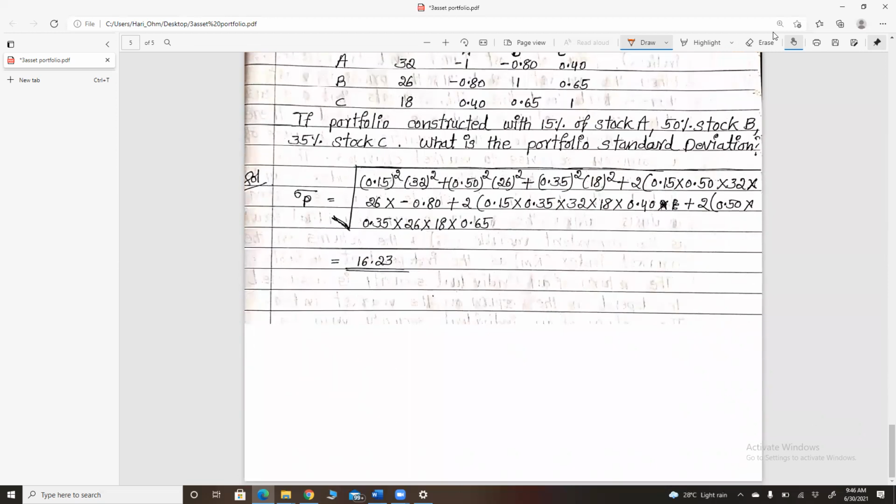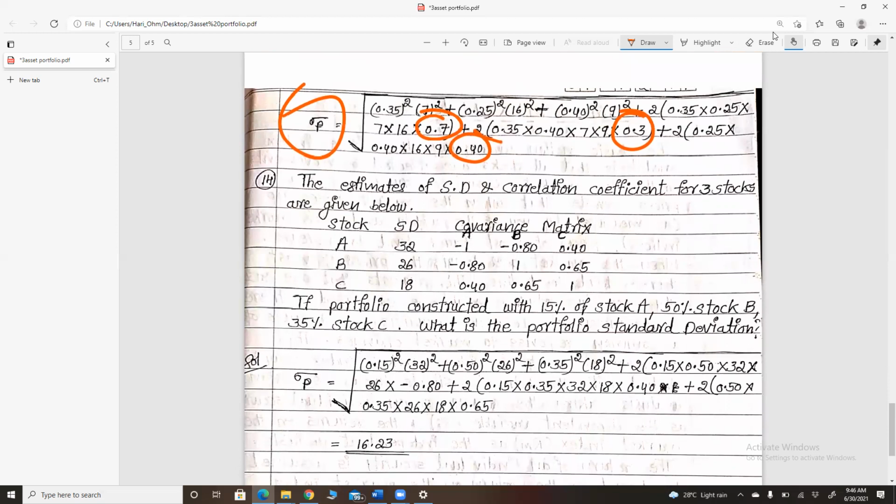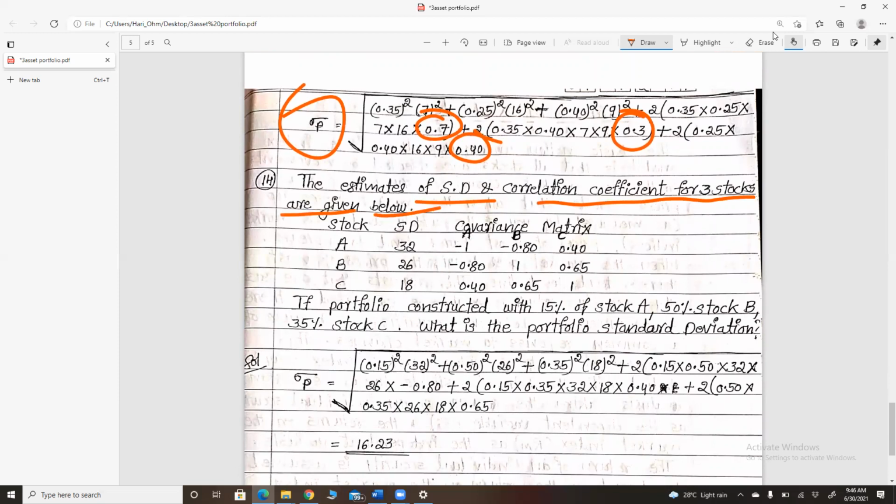Okay, next problem, that is the last problem in the three asset portfolio method. See here, the estimates of standard deviation and correlation coefficient of 3 stocks are given below. Stock, standard deviation, and correlation matrix. Here A, B, C are given, and standard deviations are given as 32, 26, and 18. Then the correlation matrix is given.